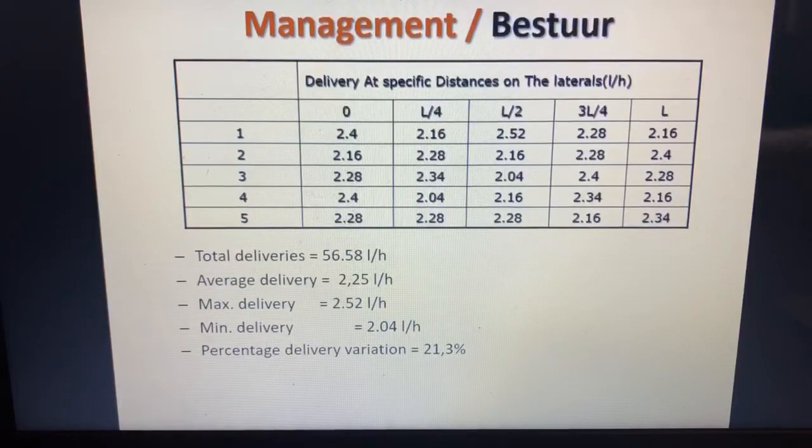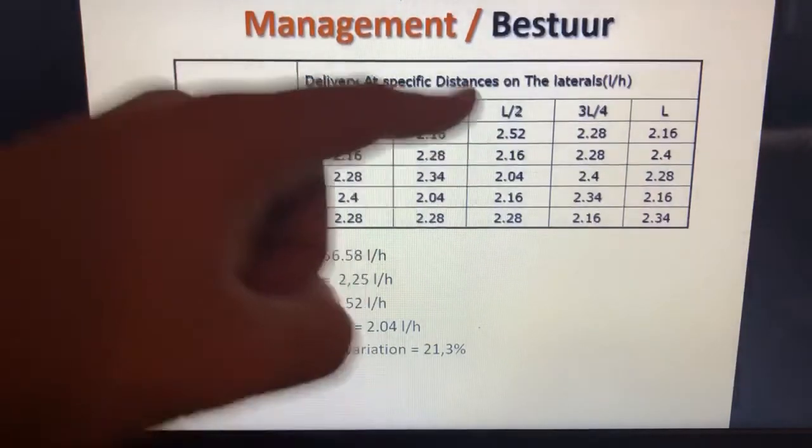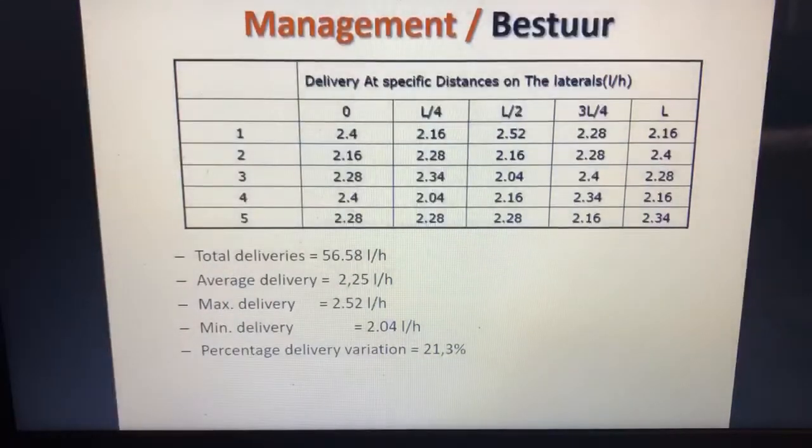So how do you calculate the deviation between these different emitter deliveries? You'll have your 5 laterals and 5 emitters on one lateral, so it's 25 in total. In this example, this is what they measured for those 25 emitters.